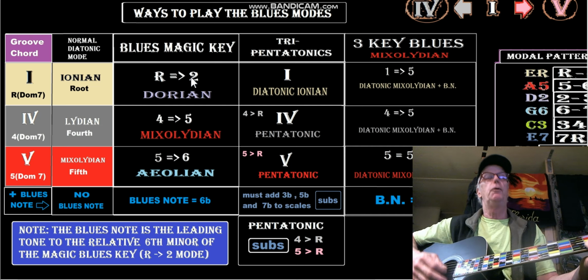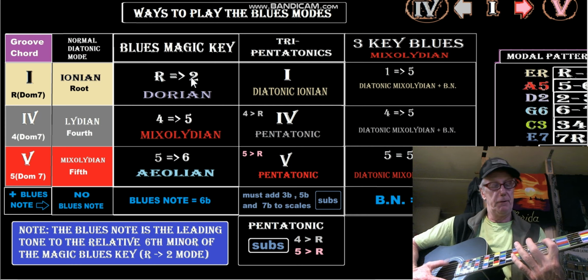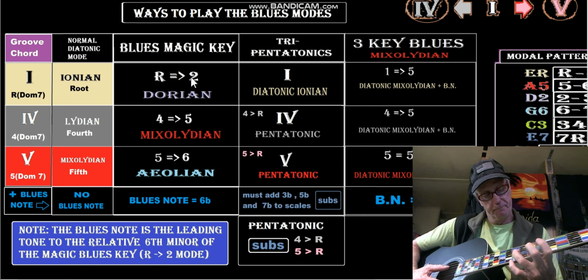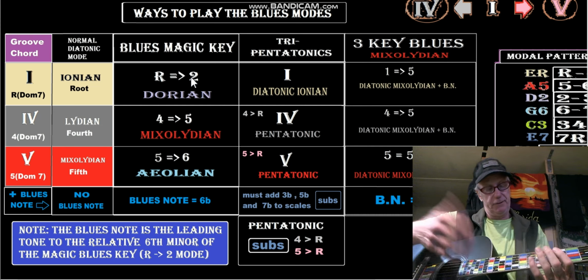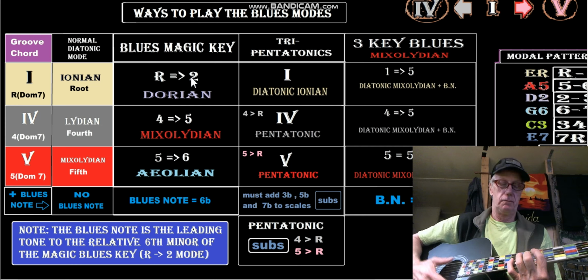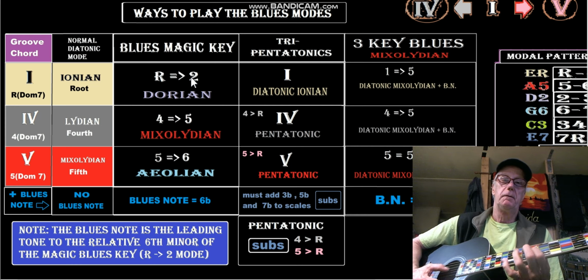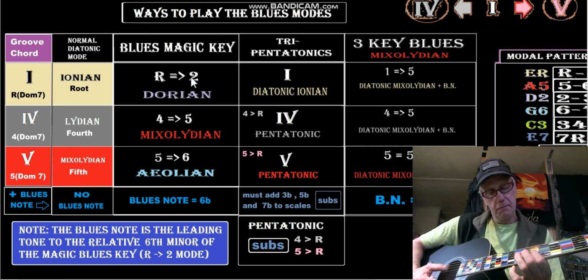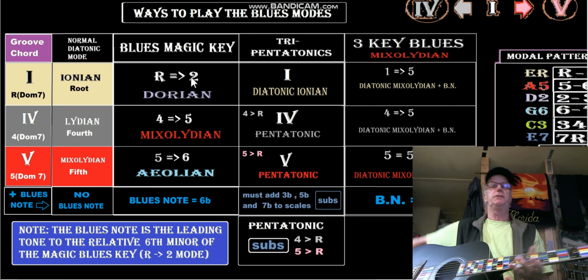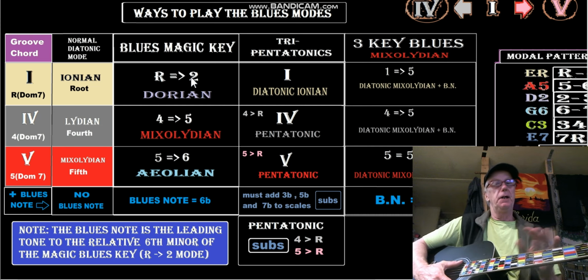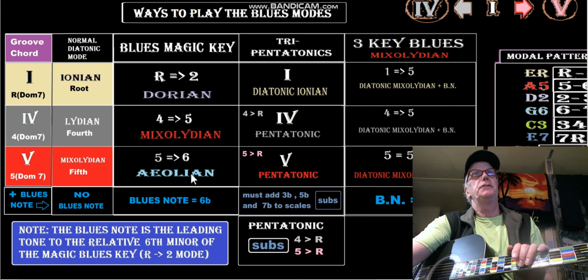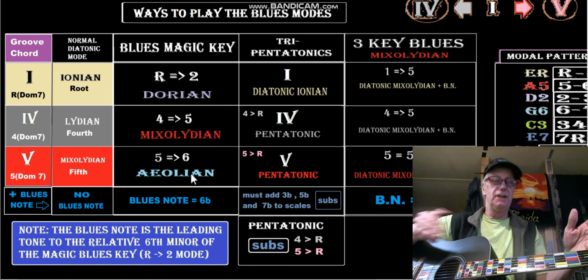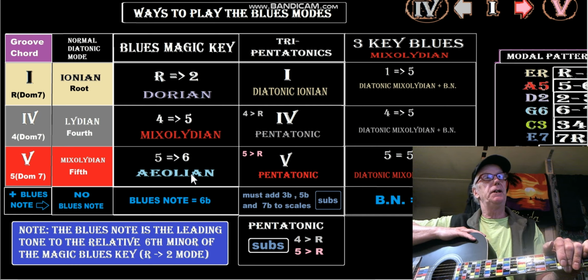Okay, and then 4 is going to become Mixolydian because 4 becomes 5. And then of course the fifth.